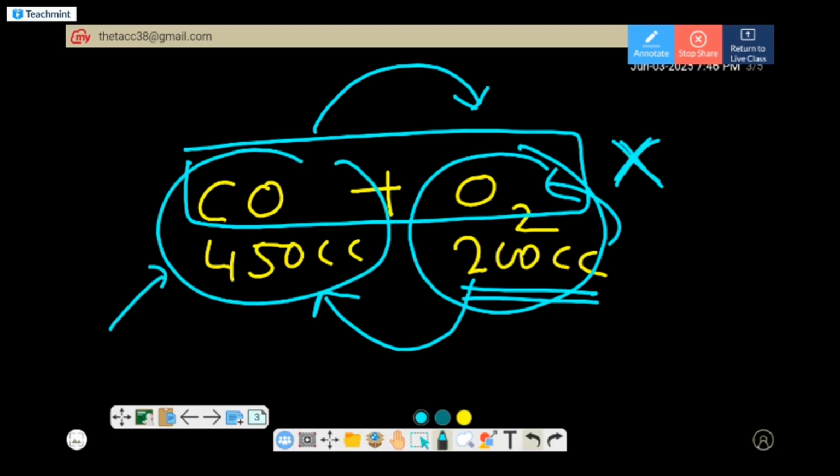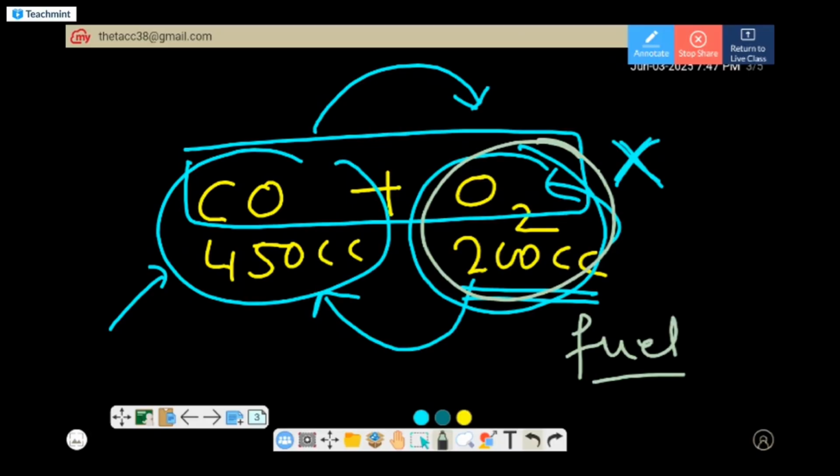Few may be left behind depending on the ratio. We will always see the ratio and how it works. So in this case, the limiting reagent is going to be oxygen, because it's a burning thing that happens, ignition that happens. So ignition depends on the fuel. Till the time the fuel is there, that process will go on.